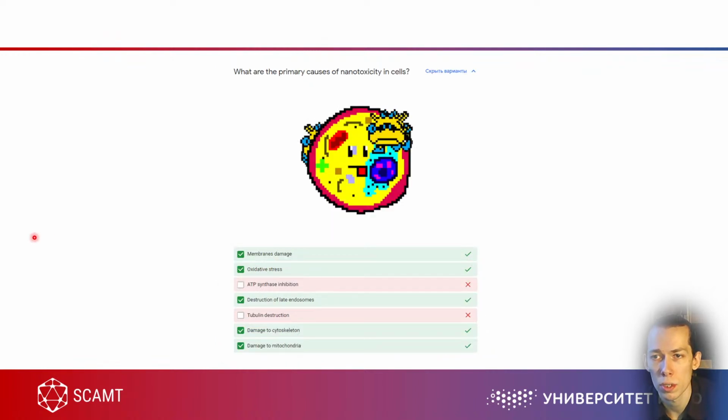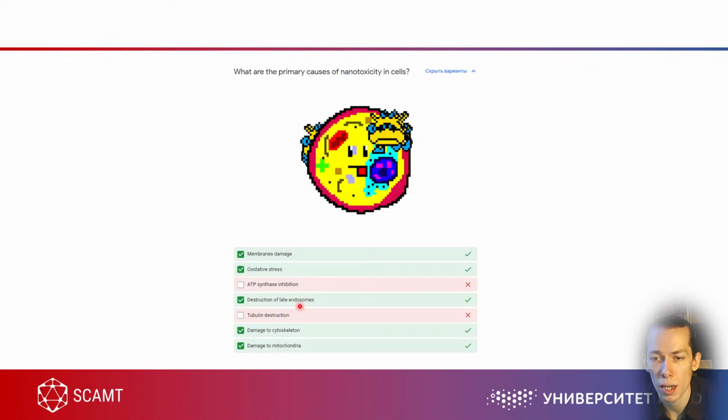What are the primary causes of nanotoxicity in cells? Almost everything except for ATP synthase inhibition. I just took this as an example, as an option, but I never saw such a toxic outcome in my career or in any papers, so nope.